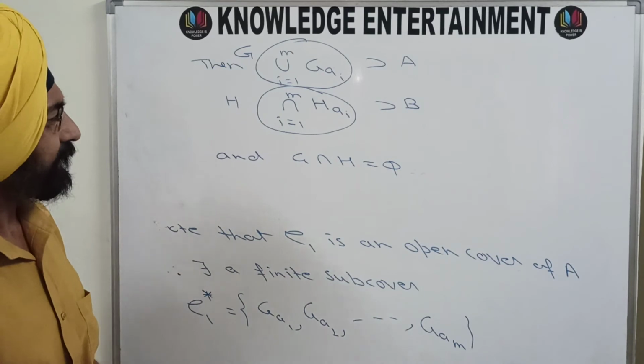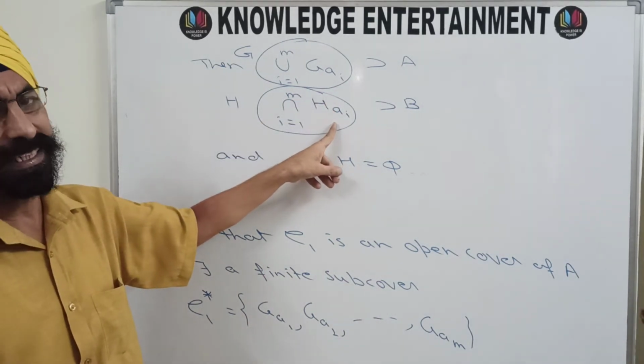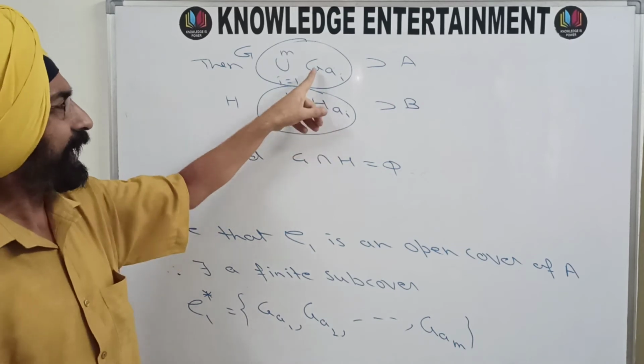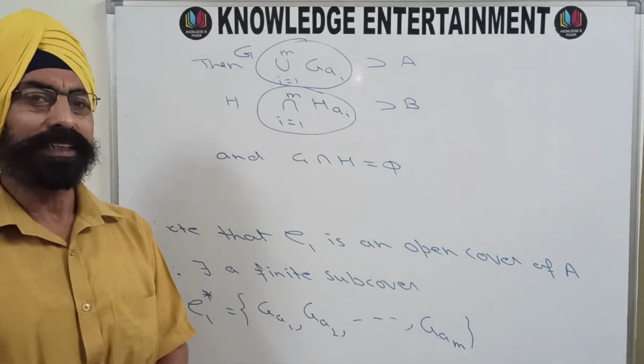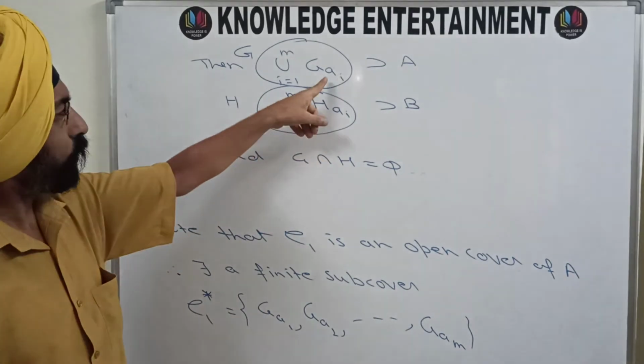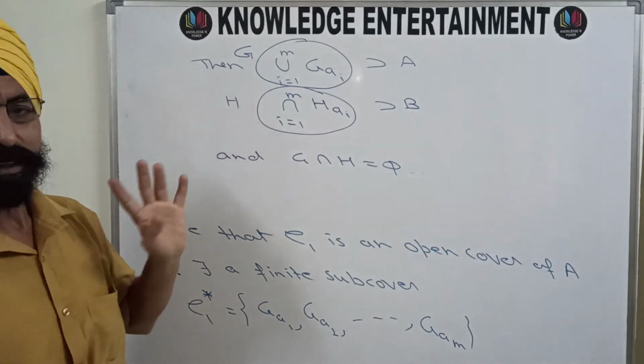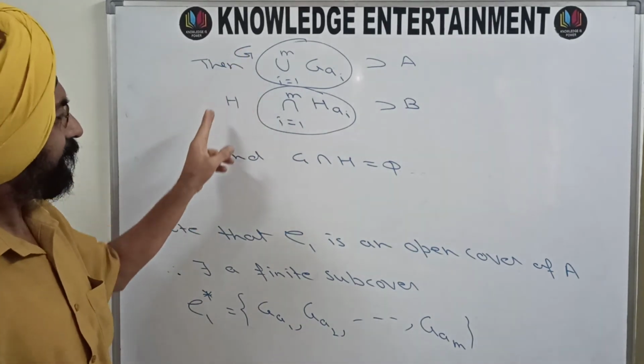Why? Because each GAI intersected with corresponding HAI is phi. That means GAIs and HAIs are disjoint. So since GAIs and HAIs are disjoint, the union of GAIs and the intersection of HAIs will also be disjoint.